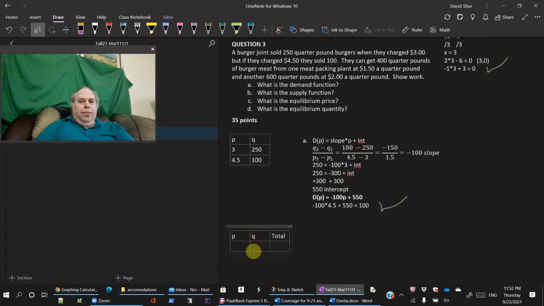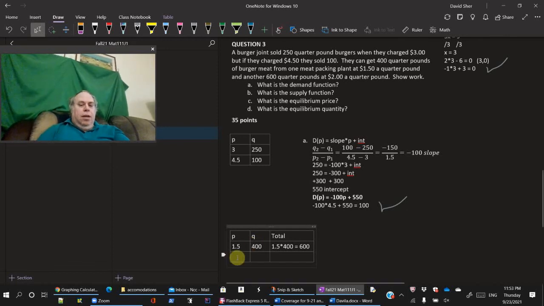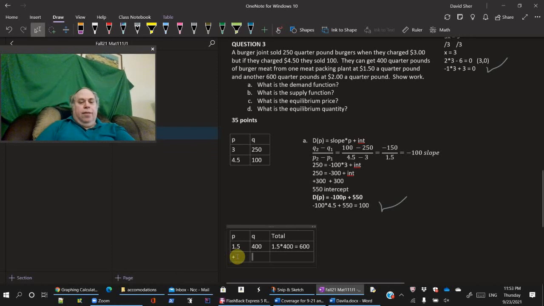From the cheapest supplier, we have a price of $1.50 a quarter pound, the quantity we get is 400, and the total we spend is $1.50 times 400, which is $600. Now we add to the 400. We go to the next supplier and buy 600 from them. The total I'm going to spend on the 600 will be $2 times 600, which is $1,200.